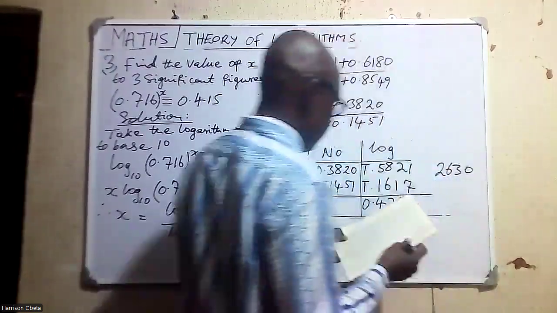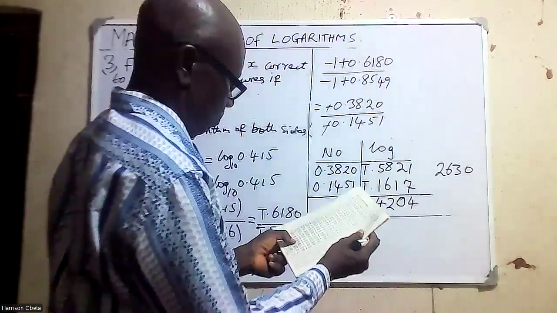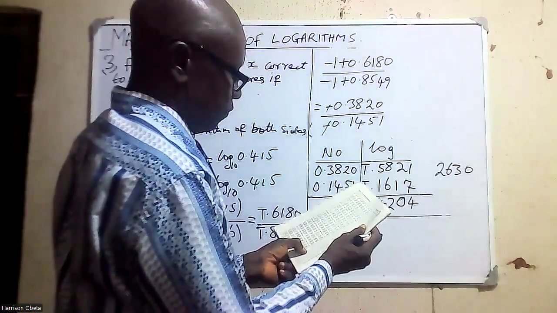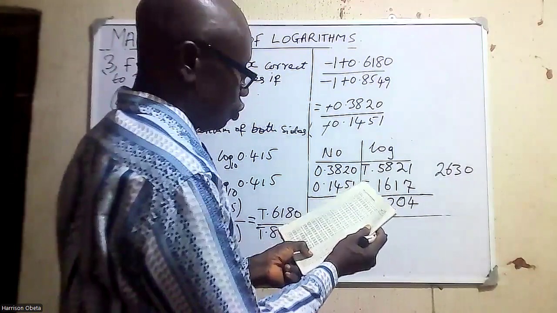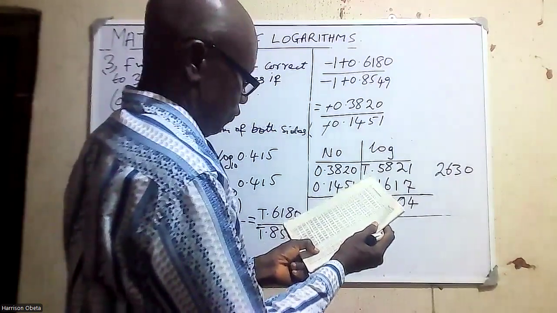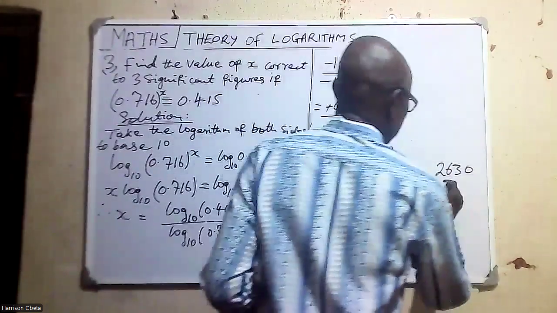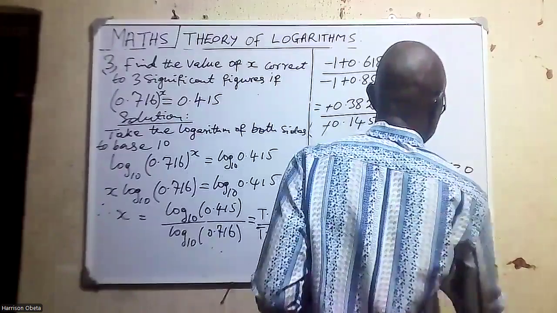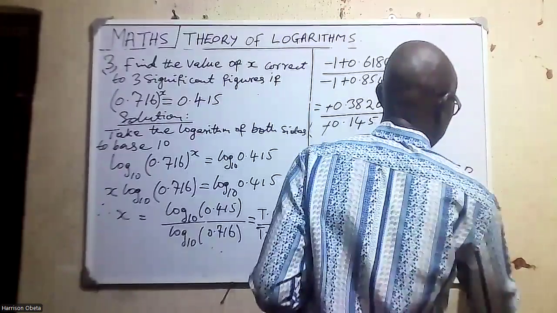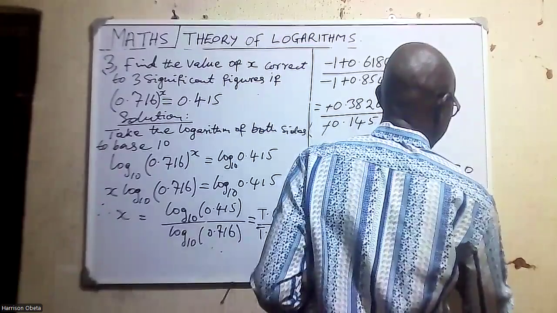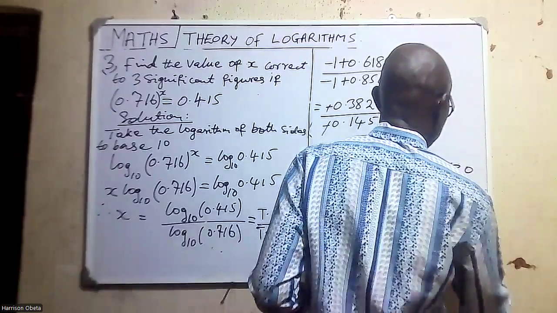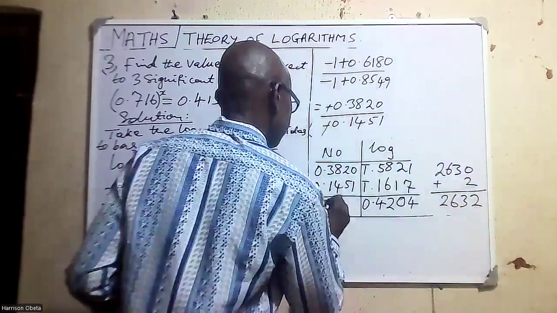Difference 4 is 2. You add the difference.